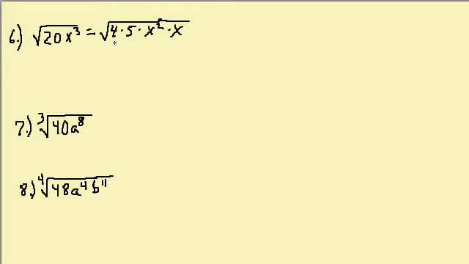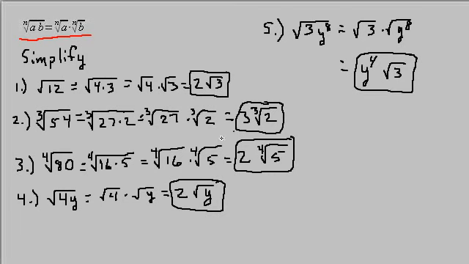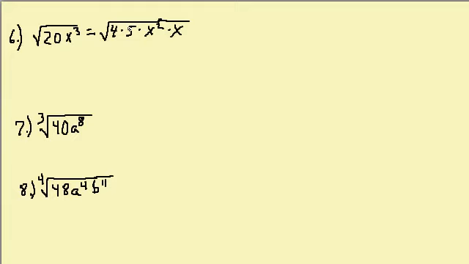So instead of splitting it up like we did in these problems, writing them as a product of radicals, what we can do is just go to each term. So we have the square root of 4 is 2. The square root of 5, that's not a perfect square, so it's going to stay under the radical.